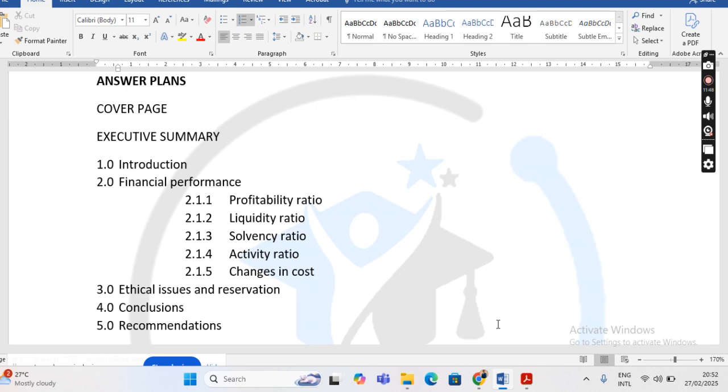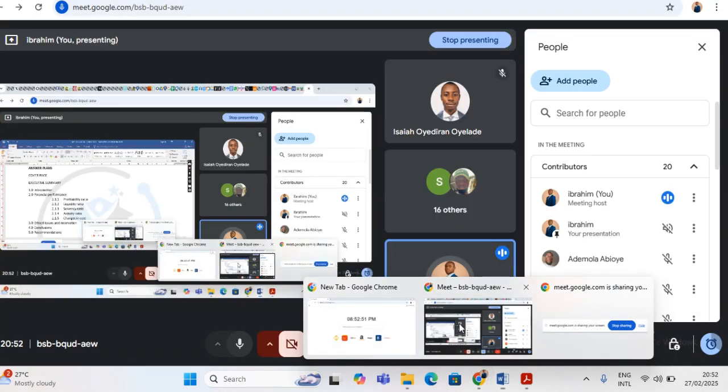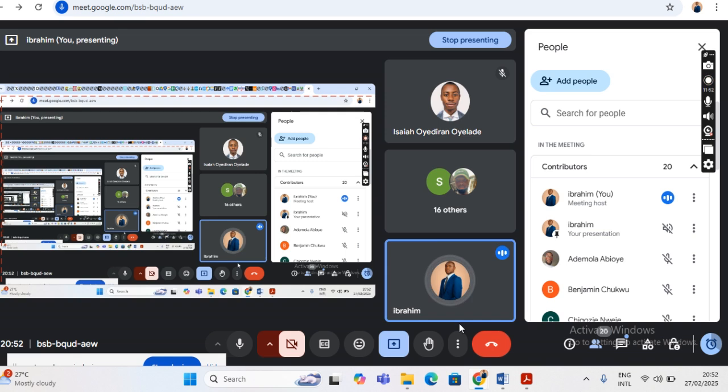Then you see 2023 coming first instead of 2024. It is not in line with IAS 1. You could say this is an ethical issue because it's kind of misleading the users of financial statements.